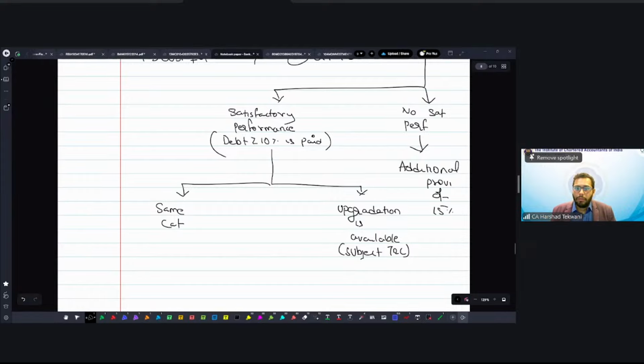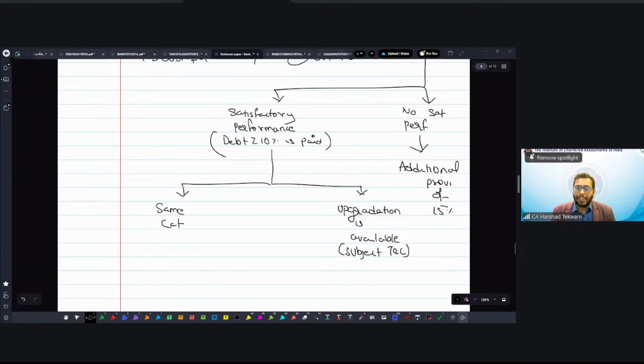And for different kinds of lenders, like the 10% requirement I gave you, there are different requirements. For example, if a lender is already under the IBC, the review period is different. The percentage requirement may increase to 15 to 20%.